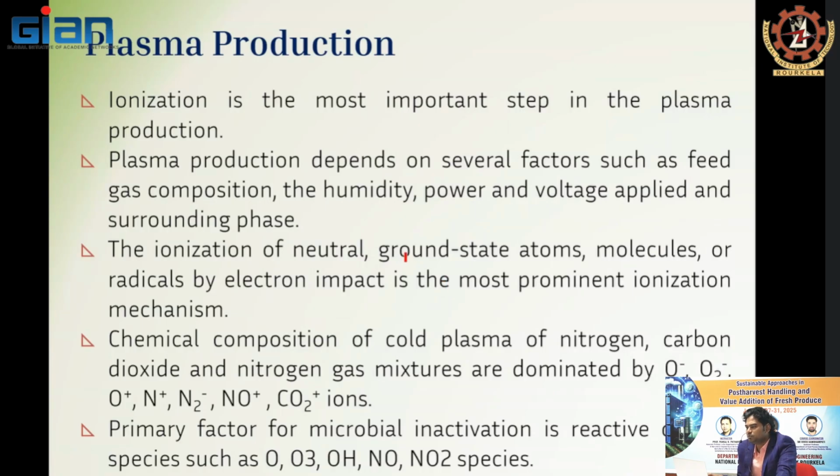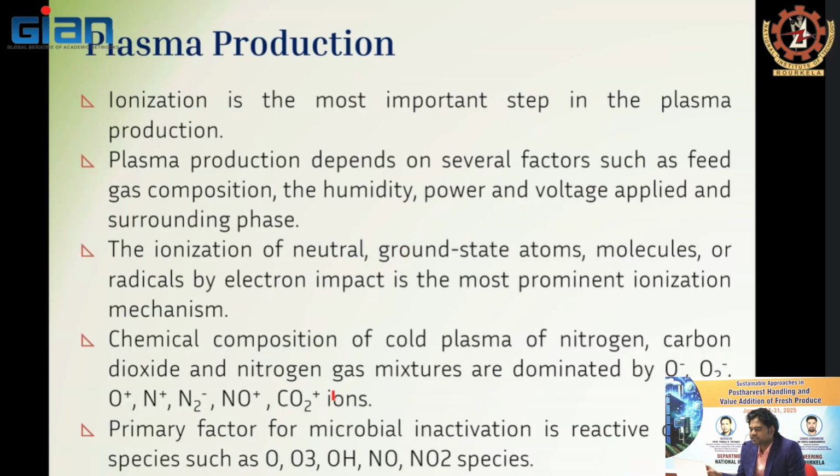And if you see the chemical composition of the plasma, it has a mixture of gaseous molecules, free radicals, carbon dioxide or nitrogen gas mixture, singlet oxygen, ozone, nitric oxide. There are different types of ionic particles, or you can say excited states of ionic components. This is the chemical composition of the plasma.